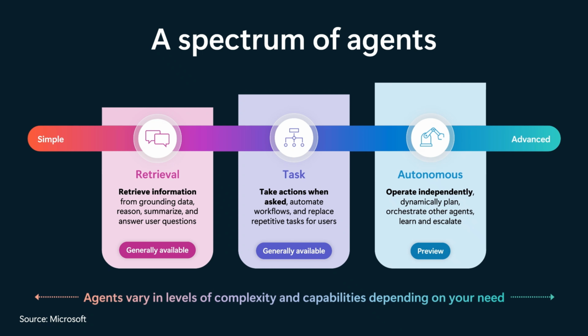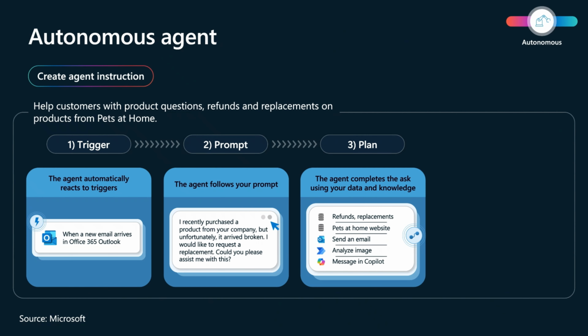What I'm most excited about is the autonomous agents, when the user sends an email, because they can trigger independently and orchestrate based on the user prompt. The agent will take that information, and then it will plan its next actions.